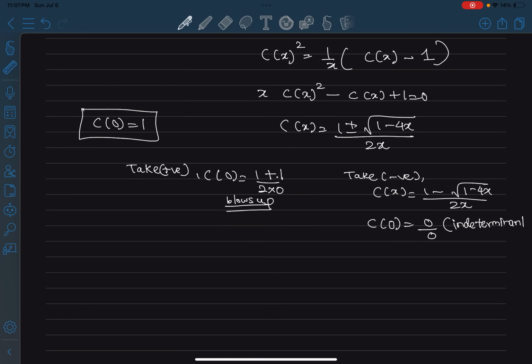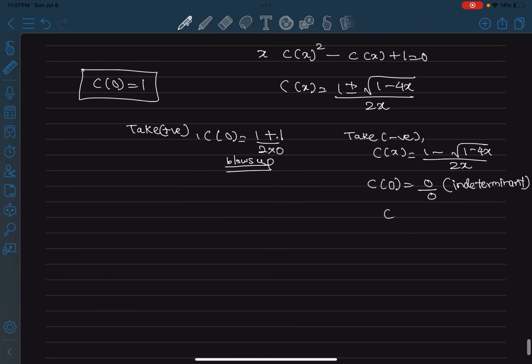And if you use L'Hopital's rule, you will have c of x as, now that's 0 minus 1 by 2 root of 1 minus 4x times minus 4, by 2, right? And the limit as x goes to 0, we're trying to find c of 0, right? So now this is just 1 by the square root of 1 minus 4x, right?